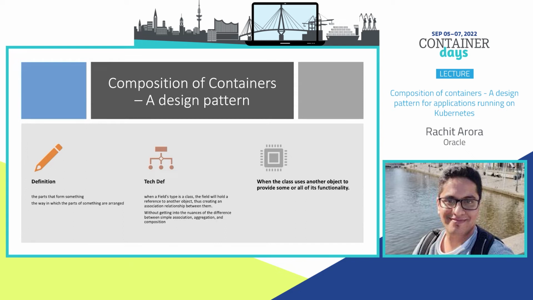Basically, when a class uses another object to provide some or all of its functionality. So in the world of containers, we can say that the main container uses something from the other container to perform its functions.